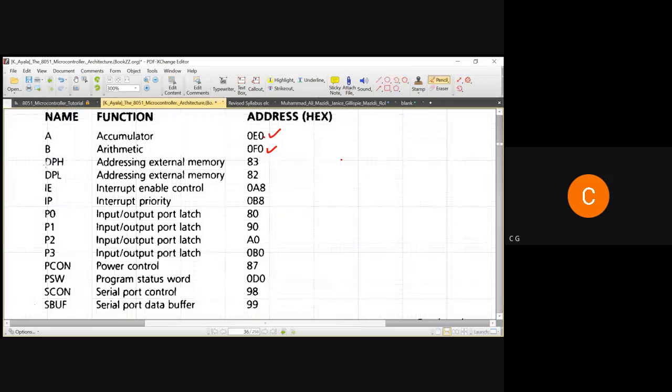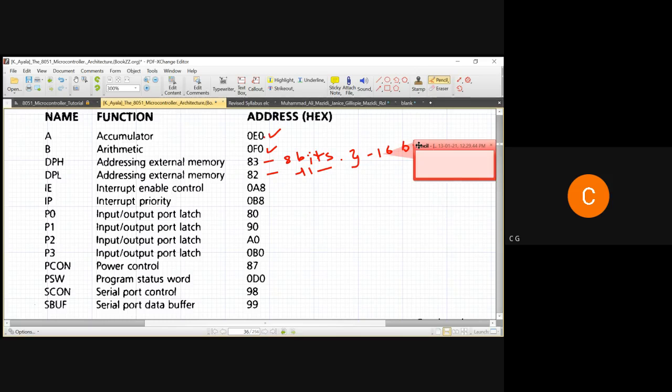Okay, to address all this, you have to use this 16-bit. So this is 8-bit and this is storing 8-bit. Okay, so what will happen, this will store 8-bit address, and this is also going to store 8-bit, so total 16-bit.